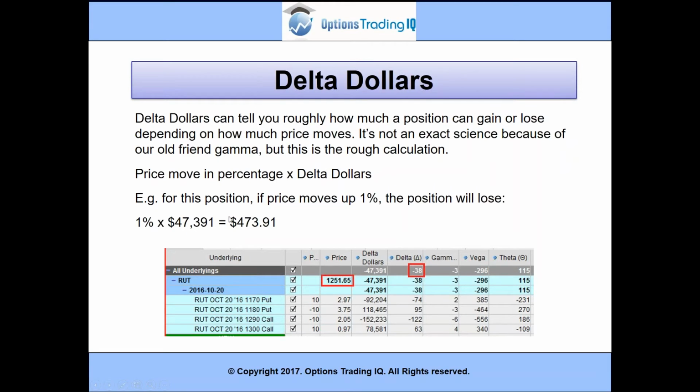You're roughly going to make back $473.91. This position would currently have been in a bit of a loss. You've got short delta, and if the market drops, that's good. You're going to start coming back towards a profitable position.